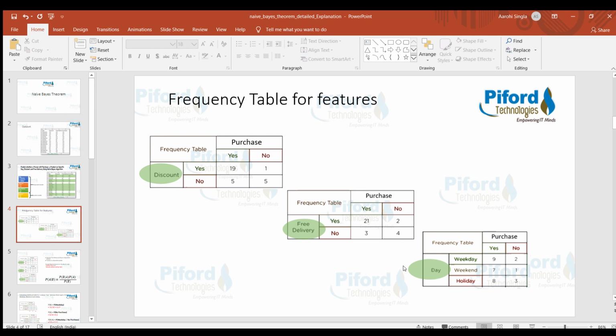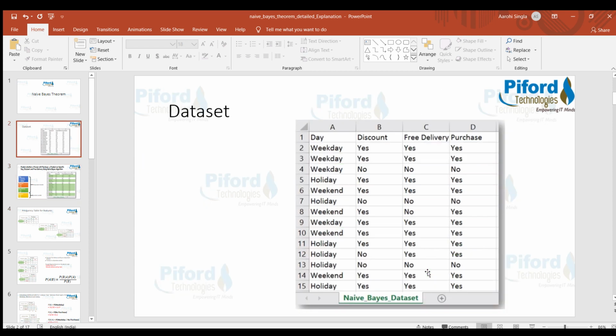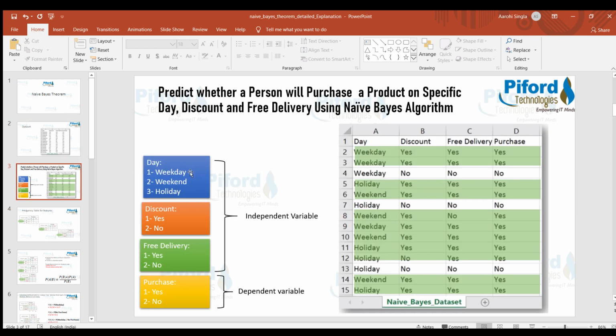In the same way, this is the third frequency table, for our third column, which is day. In our day column, we have three kinds of values: weekday, weekend, and holiday.